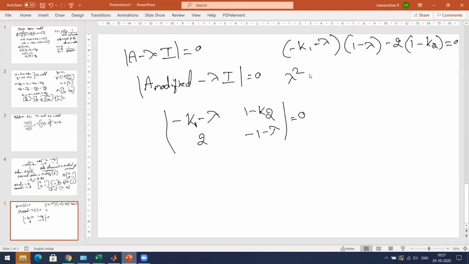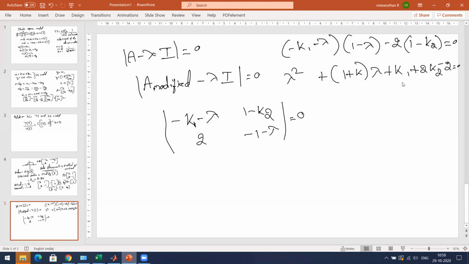You will get lambda square plus 1 plus K1 into lambda plus K1 plus 2K2 minus 2 equal to 0.